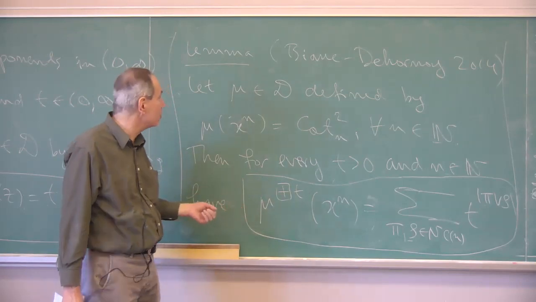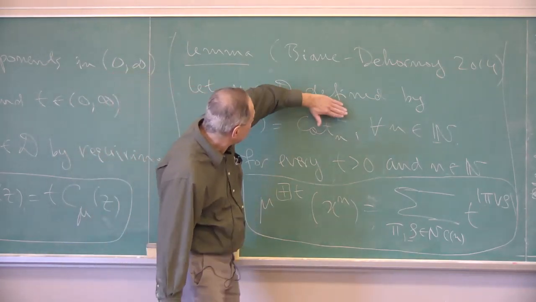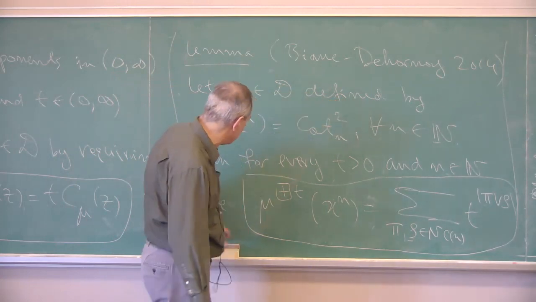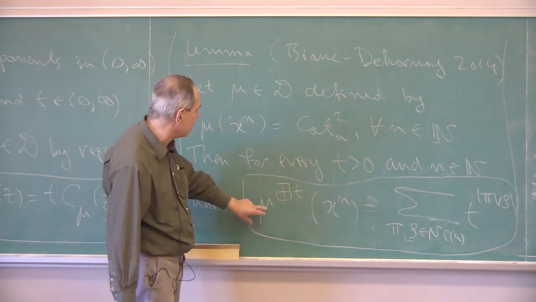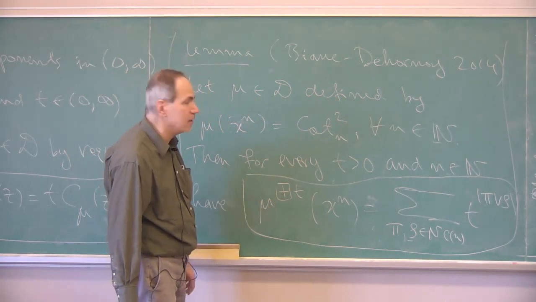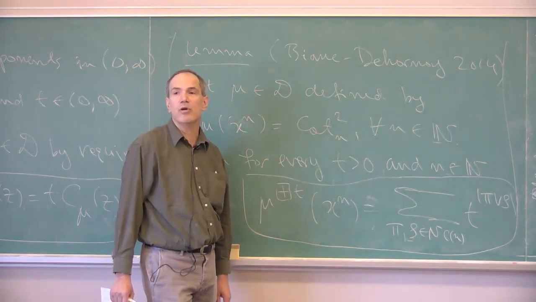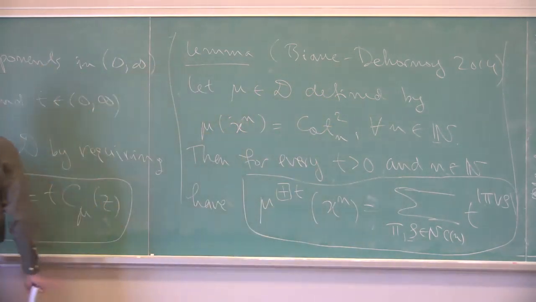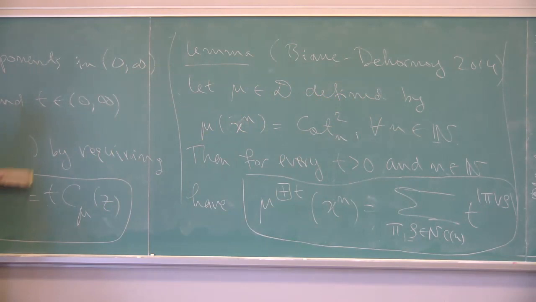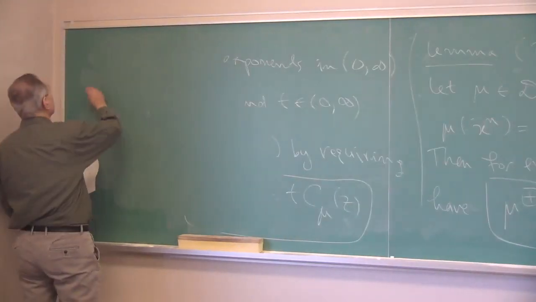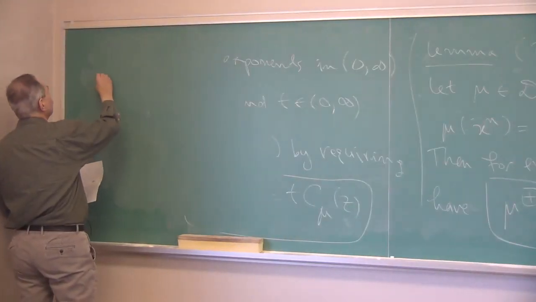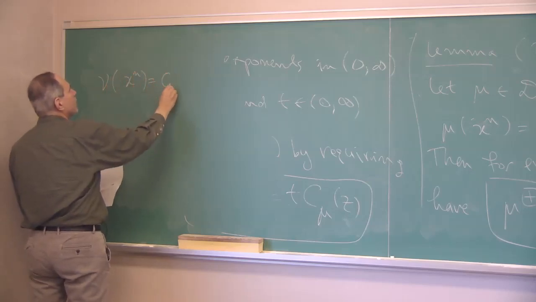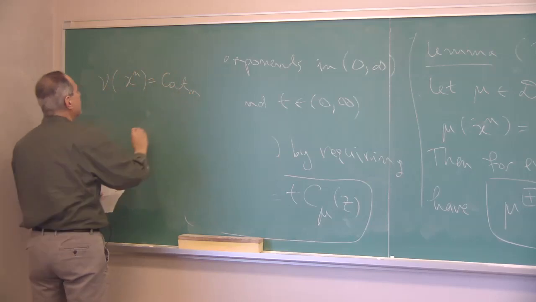If here there's no square, then actually, I can. Let's call that one nu, so nu of x to the n equals Catalan n.